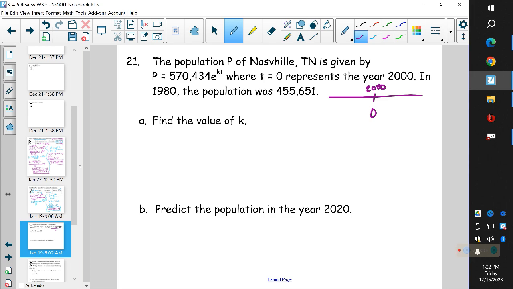In 1998, oh, well, that's down here. The population was 455,651. If 0 is 2000, what's 1980? Negative 20. Do we all see that? Yes? Okay, so what's the first ordered pair that I should pull out?